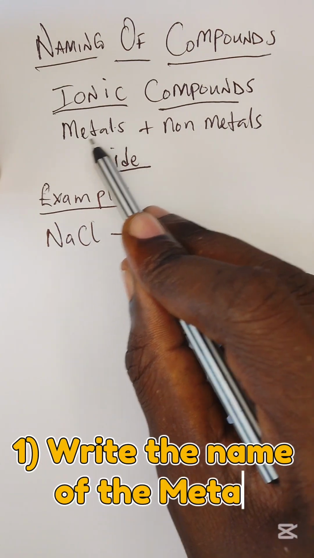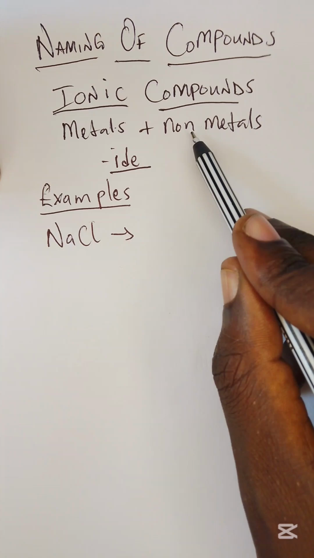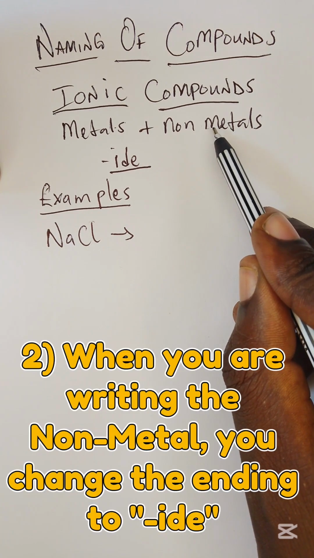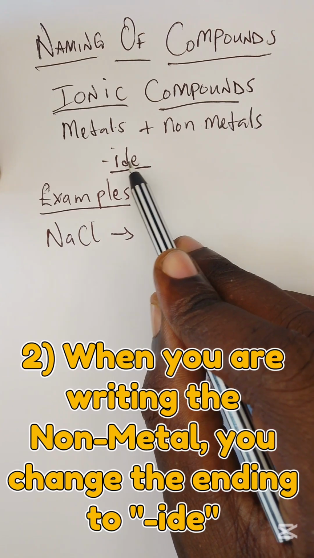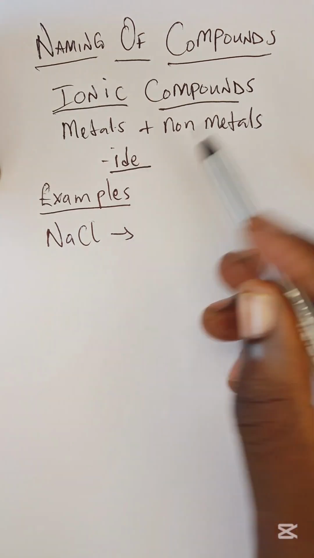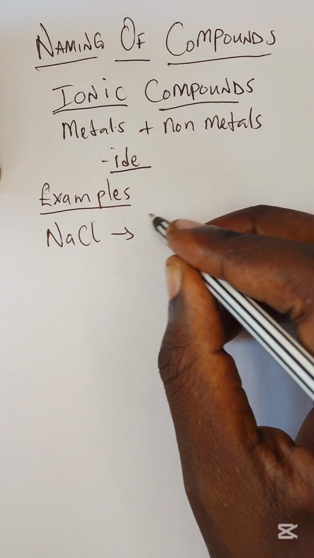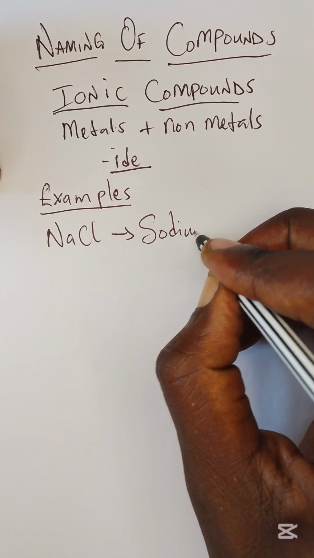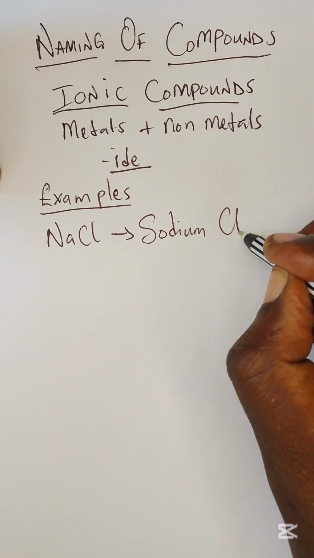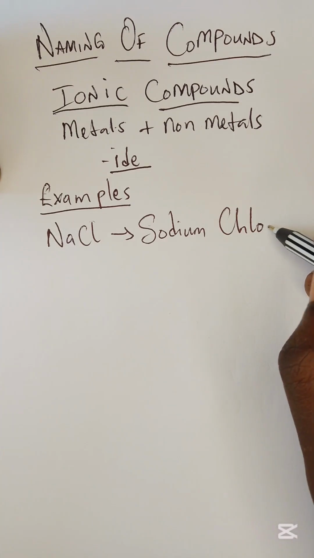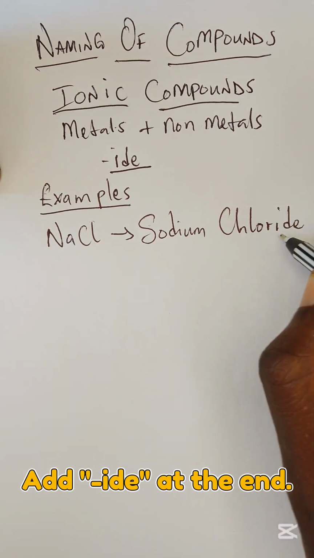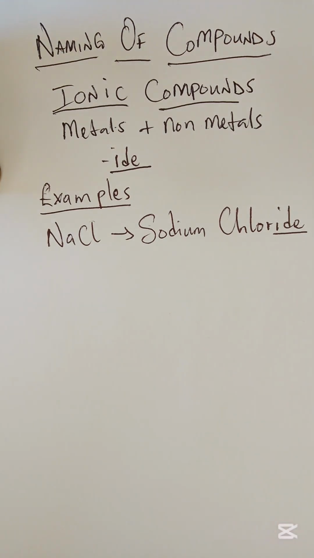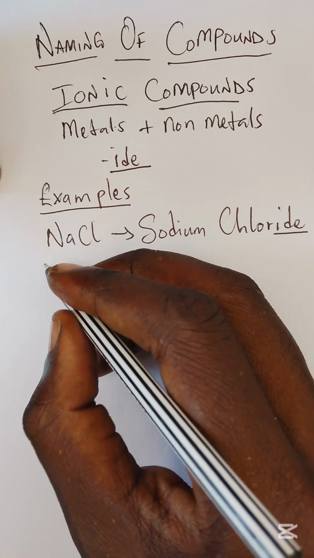Remember, we write the name of the metal and also the name of the non-metal, but at the end you add IDE. So we say sodium, then the non-metal, and at the end we add IDE. So it is sodium chloride. Example number 2.